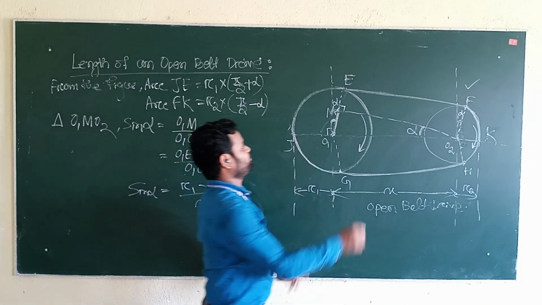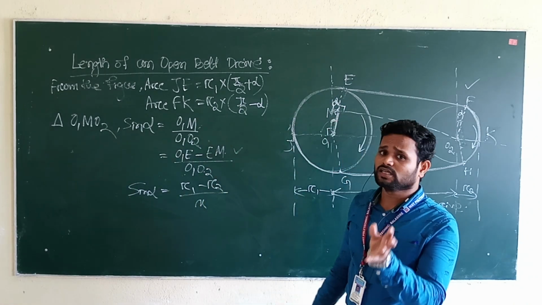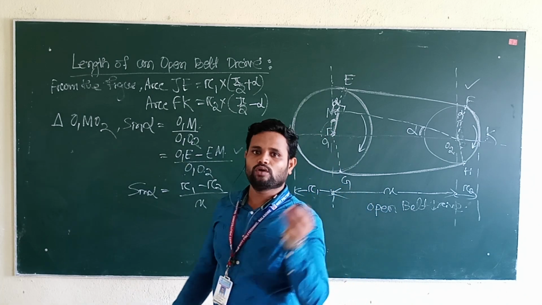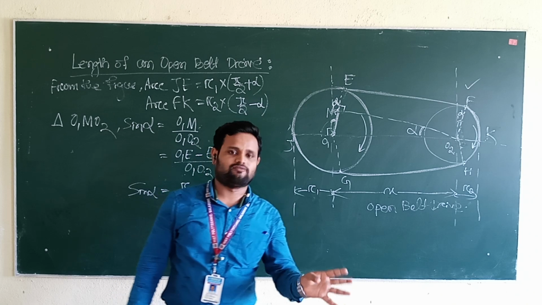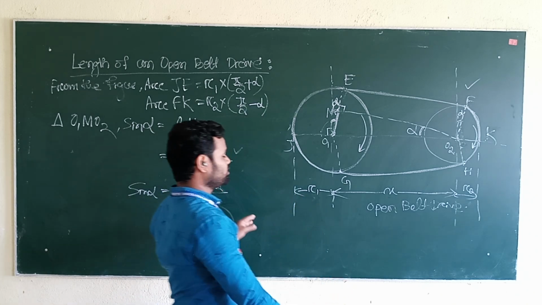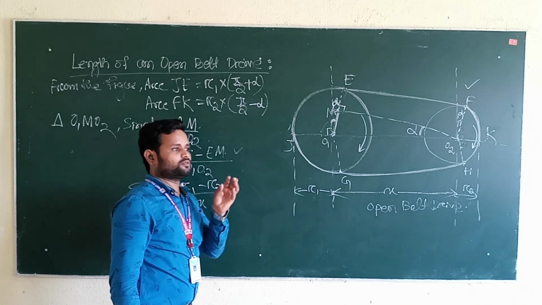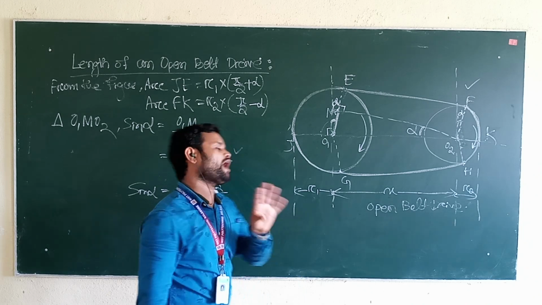But here you will see the value of alpha is very small. We know that if the value of alpha is very small, we can write sin alpha equal to alpha. Sin 0 equals 0, so the value of alpha is 0. Then you can say sin alpha equal to alpha.